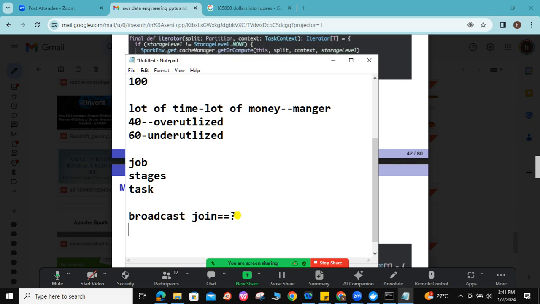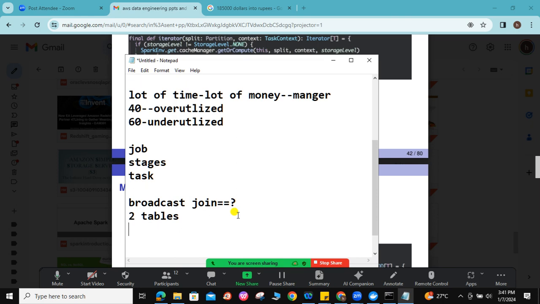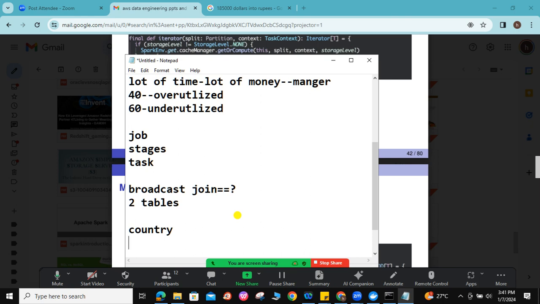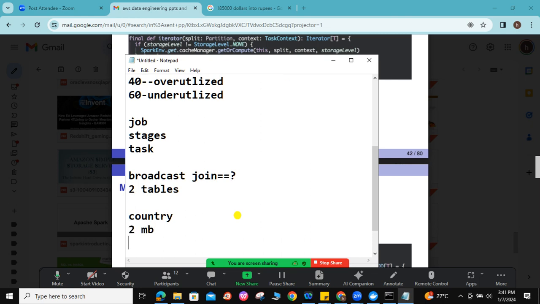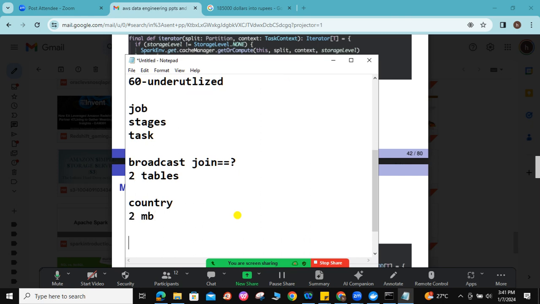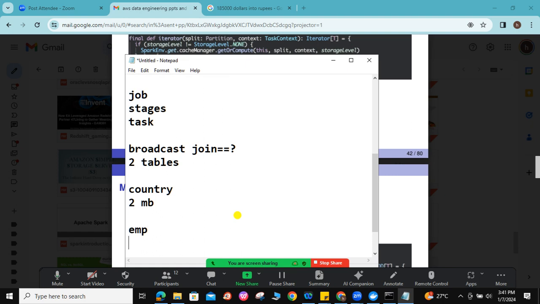When you have small data, if you are joining two tables and one table is very small. We have seen the code also, as an example. Say a country table has only 5 or 6 records, only 2 MB of data, but your other table is very big, thousands of GB of data. At that time, rather than doing a normal join, because if you do a normal join, shuffle will happen.